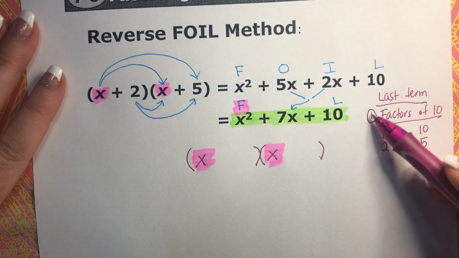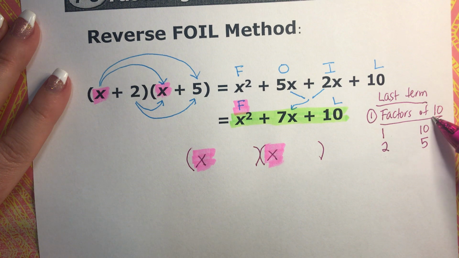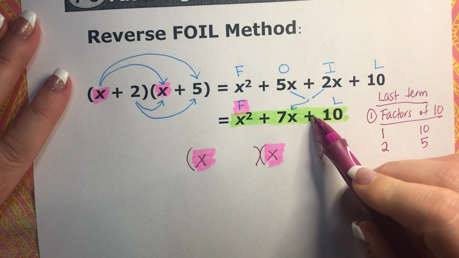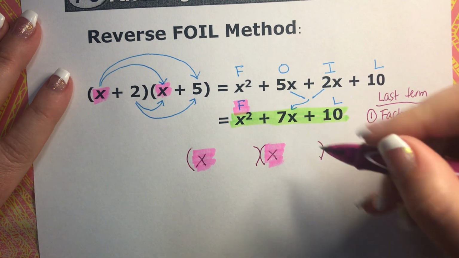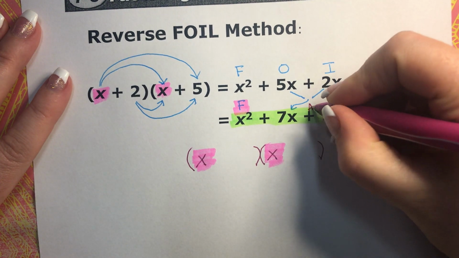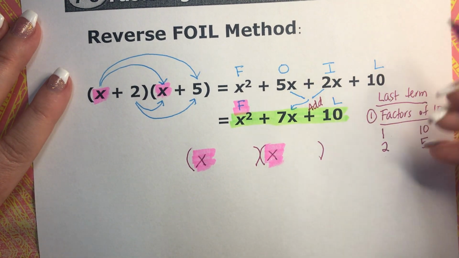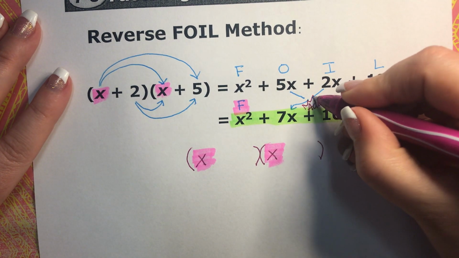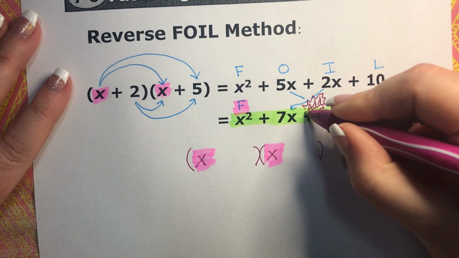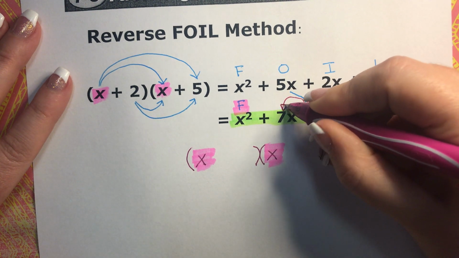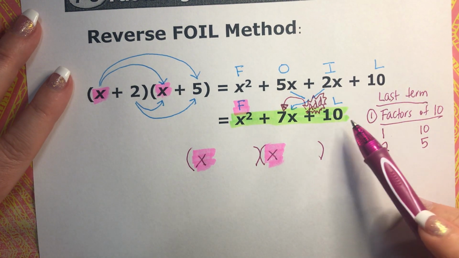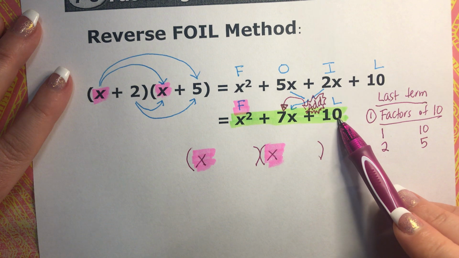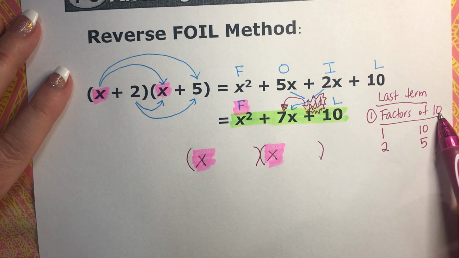So this is the cool thing. You find the factors of 10, and then this plus sign is telling you that you need to add the factors of 10 to get 7. So it's like a little puzzle. You look at the last term, and this tells you how to find the factors of 10.